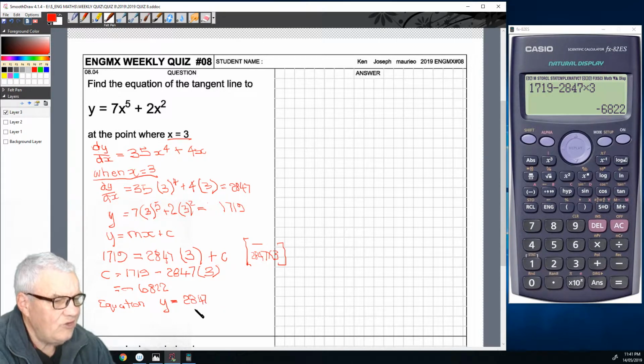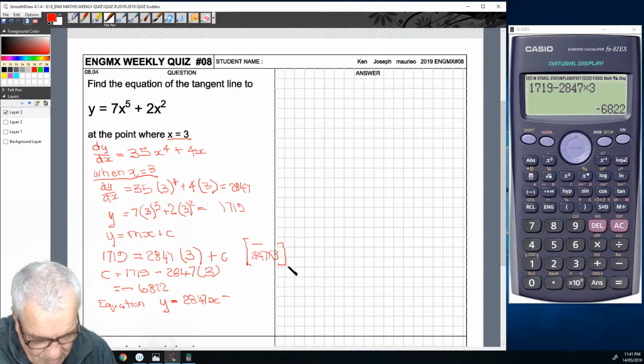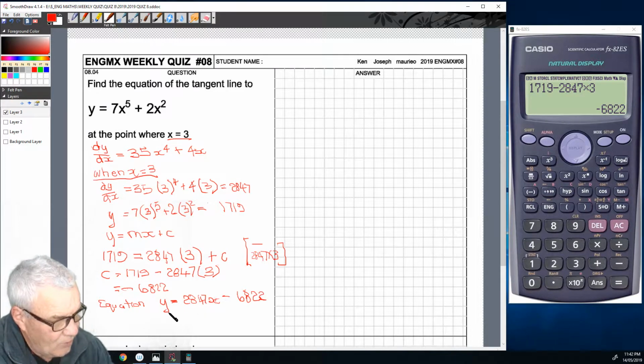This is the equation of the tangent to the graph at the point where x equals 3. And that's your equation.